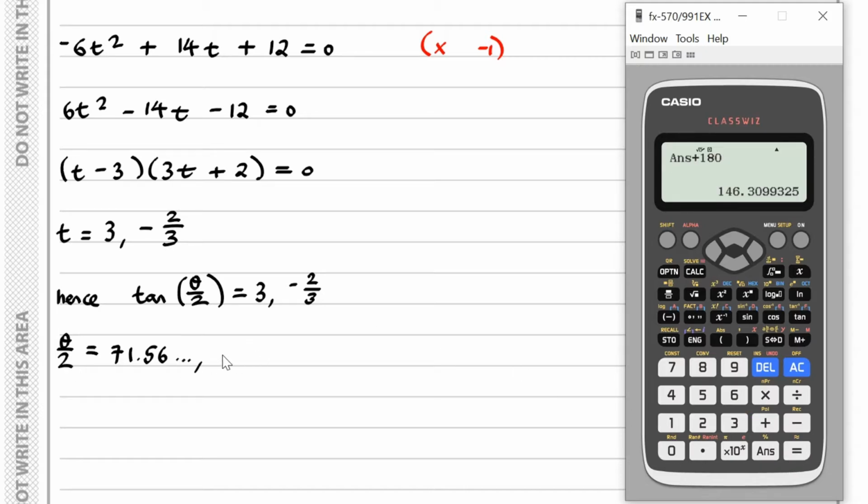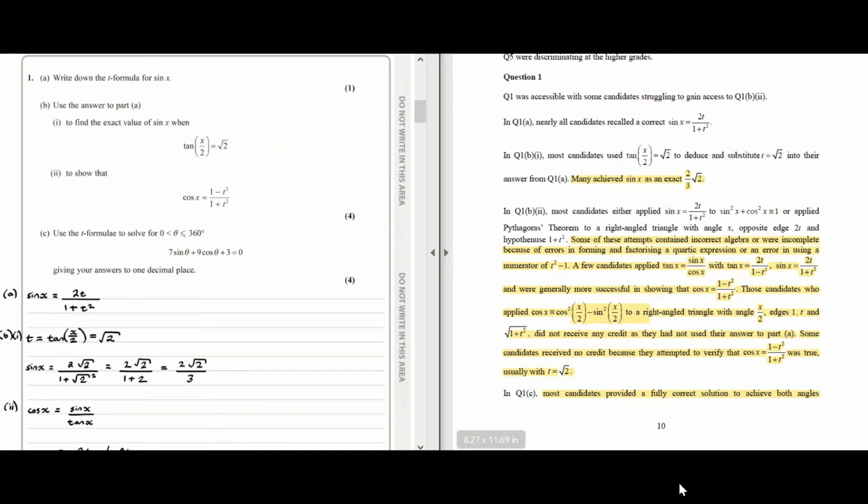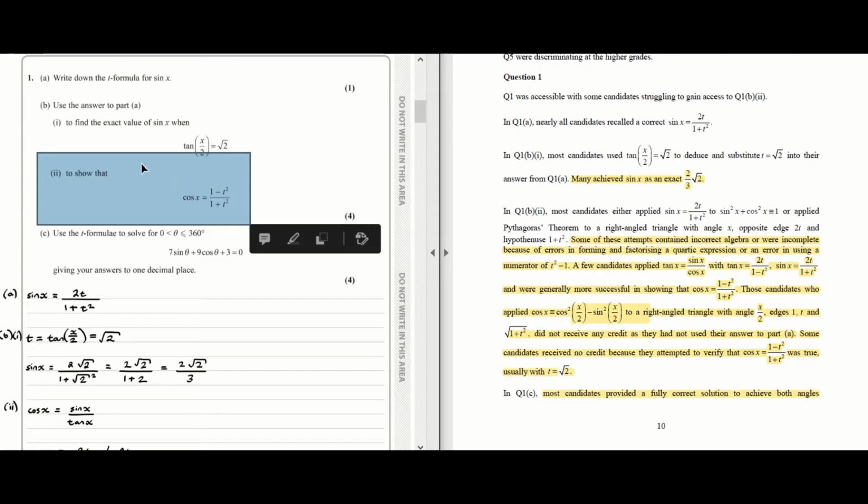So theta upon 2 is also equal to 146.30, etc. Therefore, multiplying both sides by 2 and giving our answers to one decimal place, theta is equal to 143.1 degrees and also 292.6 degrees. Okay? Question 1 was accessible to most students, but a certain number of students struggled with this part of the question.